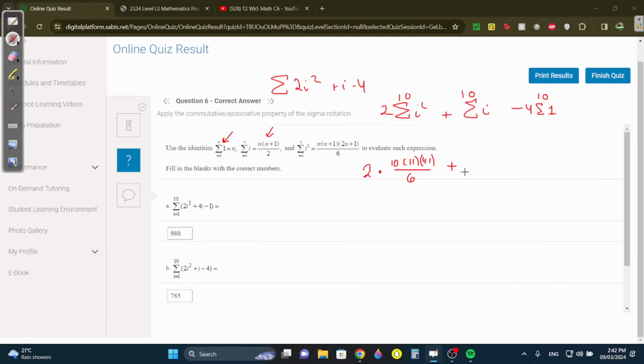Sigma i is n plus 1 over 2, so 10, 10 plus 1 over 2. You're not multiplying by anything, it's just sigma i. Minus 4 sigma 1. Minus 4 times sigma 1. Sigma 1 to 10 is 10, right? Because sigma 1 of any n is equal to that n. Okay, so minus 4 times 10. Put this in a calculator again, 785.